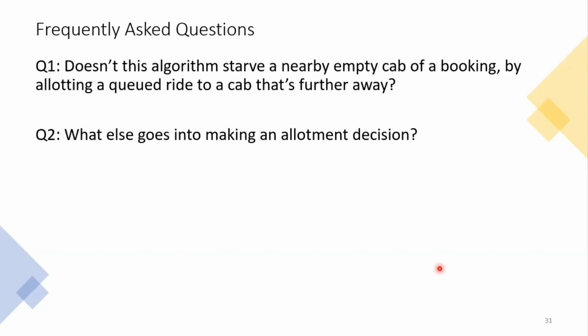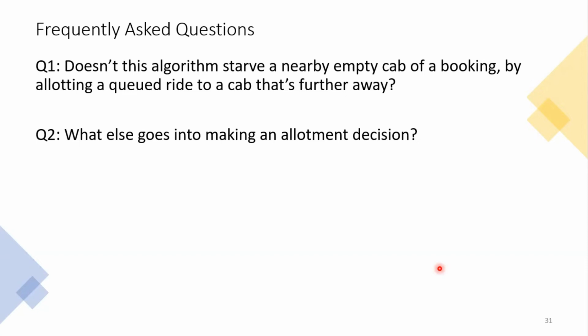For example, one of the important things would be the product mix. You have micro, mini, prime, and all of these categories of cabs which are more and more premium. Now, say you have a prime cab, which is probably a sedan or a big car, a more expensive car, that has been waiting for 2 minutes because it's idle, right? And now there's a user who has requested a micro or a mini.